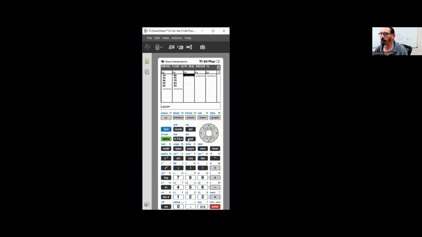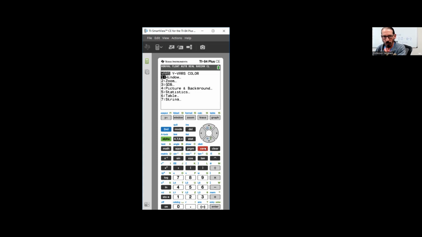So clear that out. And now, remember, I had stored that equation in Y1. So what I need is for what's in list 3 to equal, I'm going to square this at the end, so I'm putting parentheses around it, the observed y value in list 2 minus the predicted y value for the same value of x.